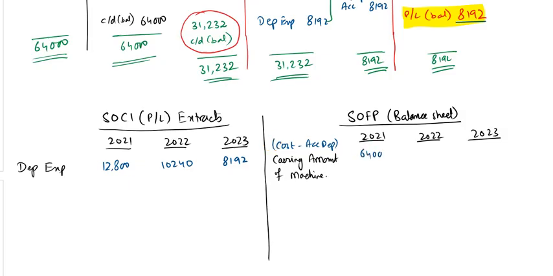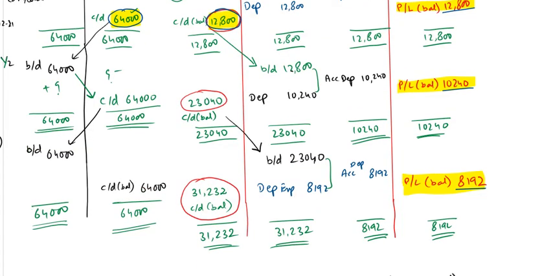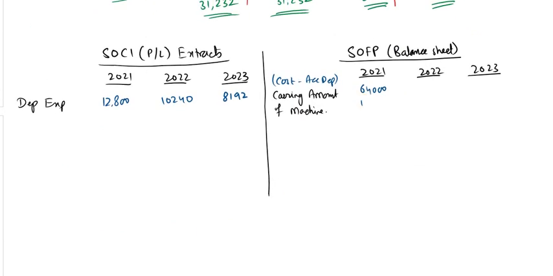So the cost is 64,000, and the accumulated depreciation is 12,800, and here is the answer. This amount will go to the 2021 statement of financial position. Can you tell me the answer? So here is the amount, 51,200.